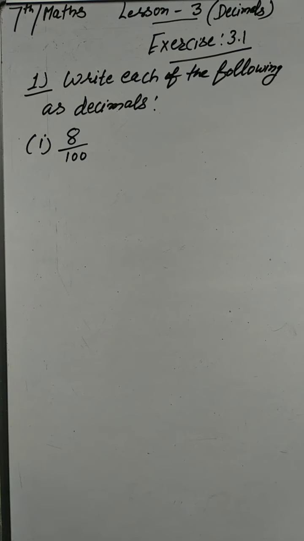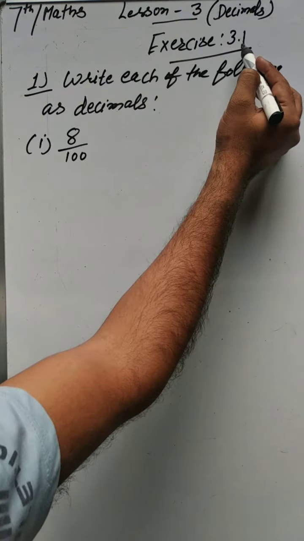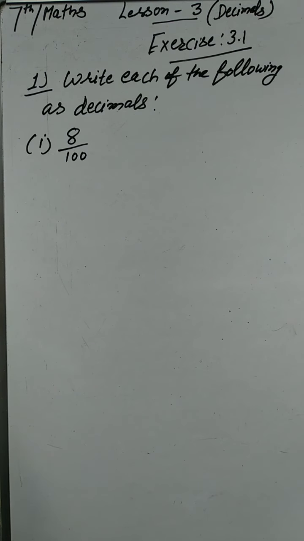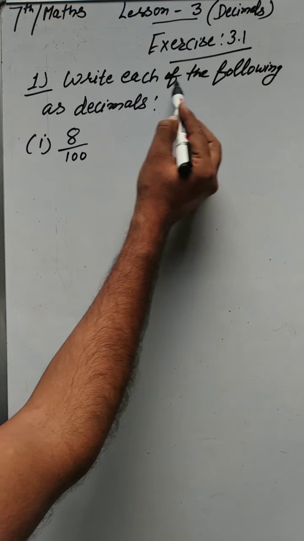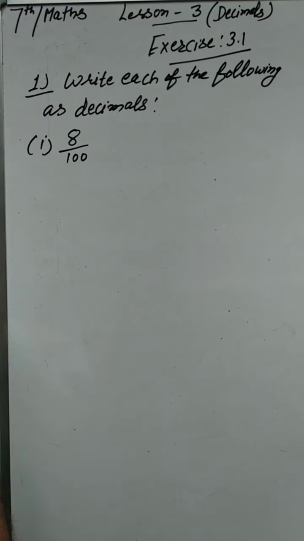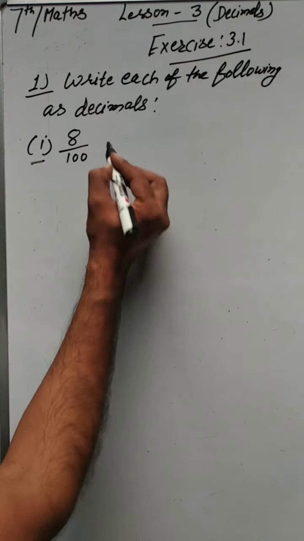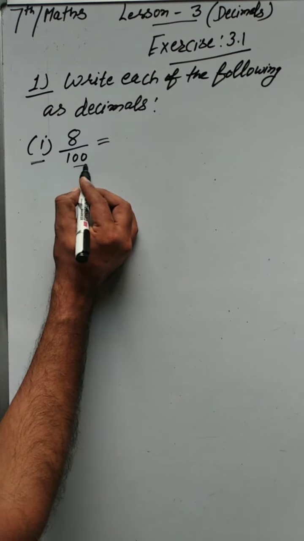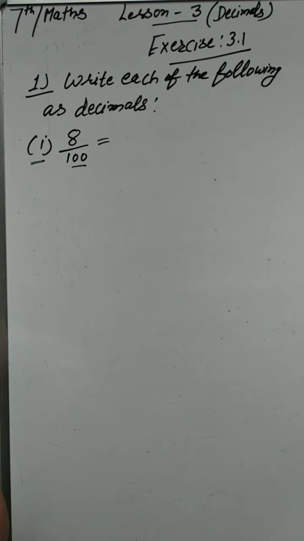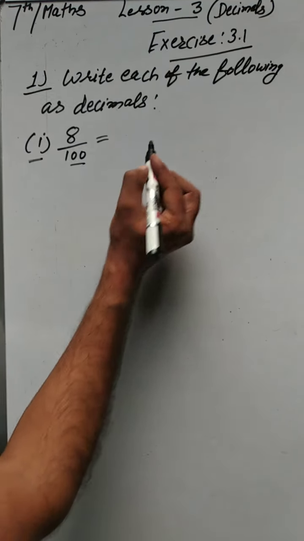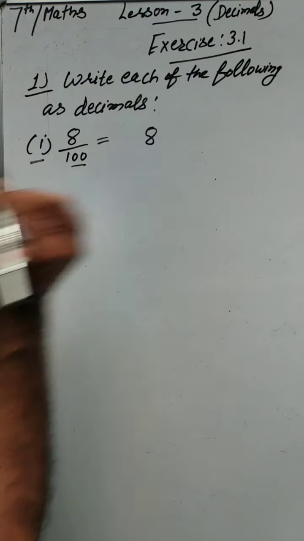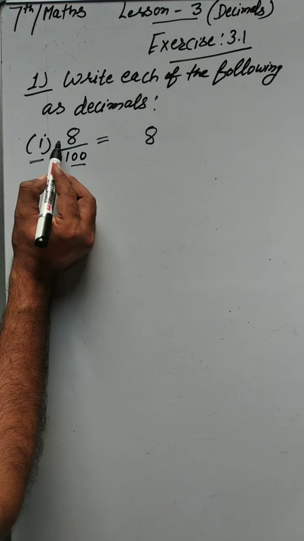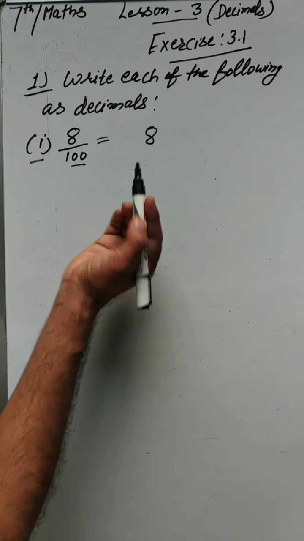Yes beta. Now I am starting the first exercise of the third lesson. Exercise 3.1. First question is, write each of the following as decimals. First part. Very simple, as I explained in the examples. Now beta look, how many zeros? 2. So from the left leave 2 digits. First is 8. Then no digit is there, no second digit.